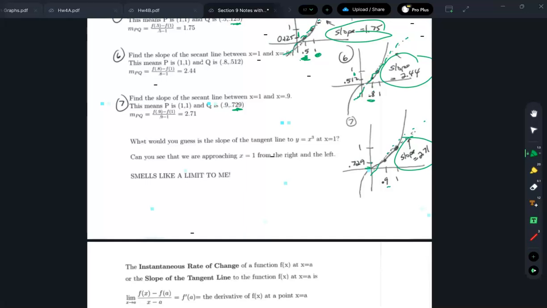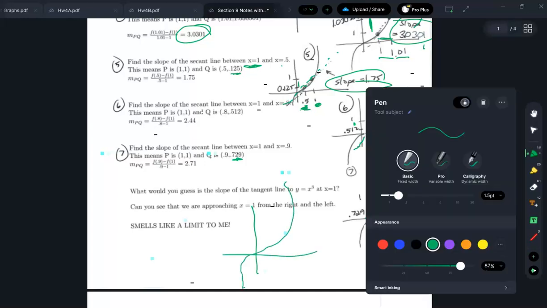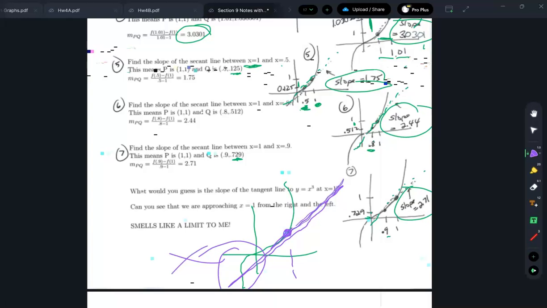So can you see what perhaps the slope of the tangent line would be? The tangent line, I know you learned this way back in geometry, at x equal 1 means you're drawing the line that just touches that one point. And it doesn't matter that it crosses there again. Doesn't matter at all.